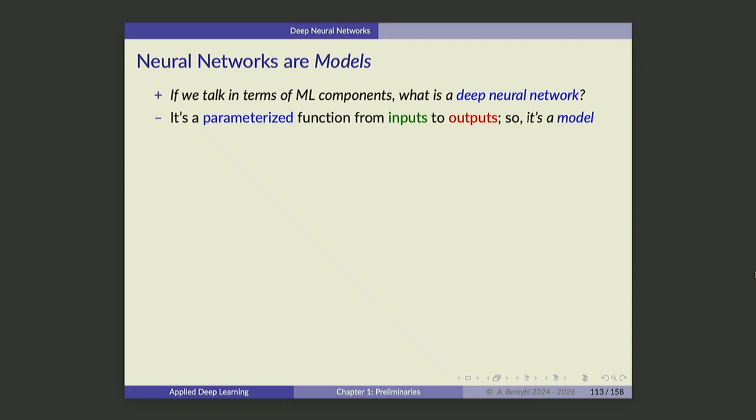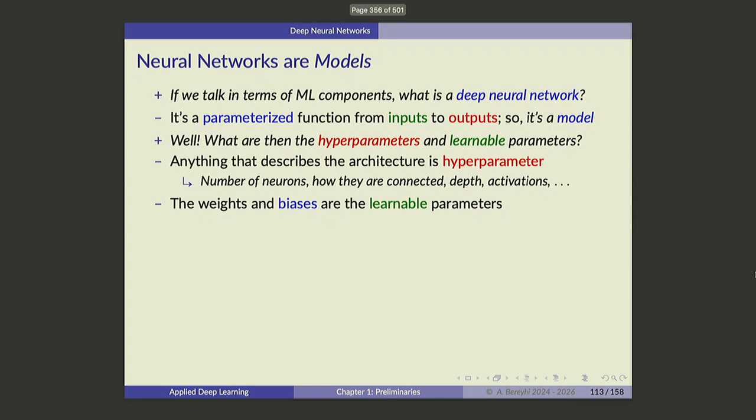Now, you can play with these weights and biases such that this connection between input and output is what you want, right? So this is a model, and if you tune those parameters, you are basically doing training, right? So it's the same thing as before. So you have a deep neural network, and deep neural network is just simply a parameterized function.